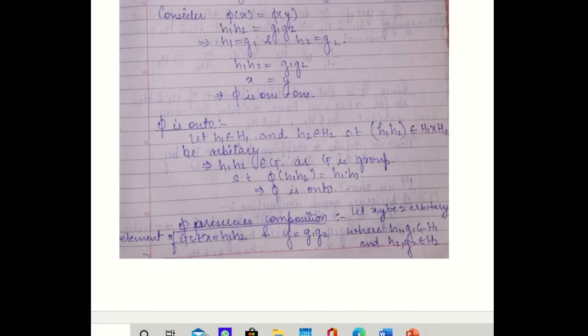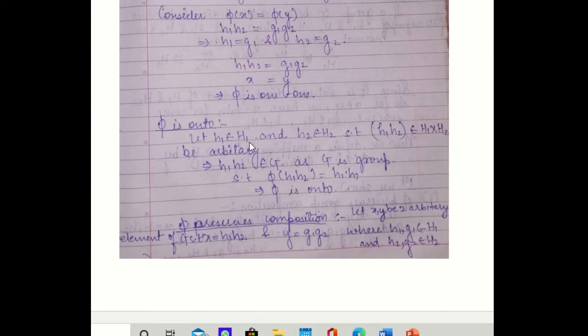For onto, we take any element from the range. Here the range is H1 cross H2, and we will show that it is the image of some element of the domain. That means for every element of the range, we must have an element in the domain such that that element in the range is the image of that element of the domain.